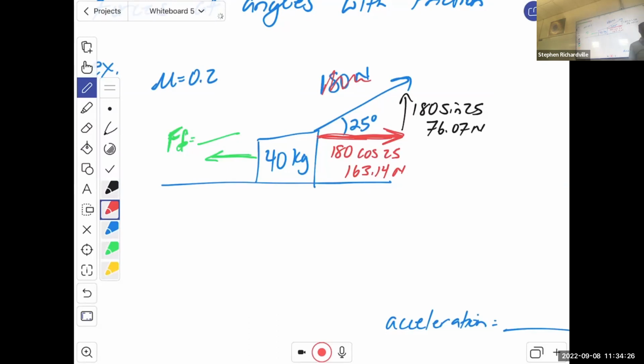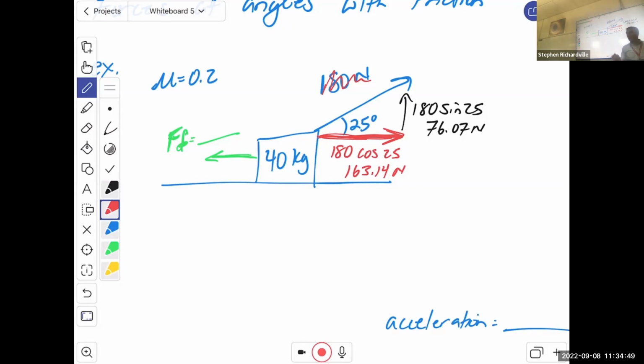If you're pushing a shopping cart or a lawnmower, you might just flip this one as you push down some. The horizontal would still be good, but now you'd be pushing down on it some. I'll show you where that's important in just a minute. I'm kind of ready for the F net equals ma. This is making it go, except for the fact that I haven't done friction.